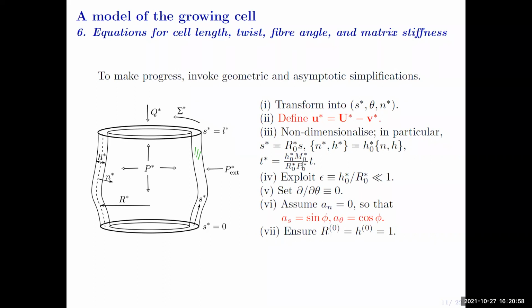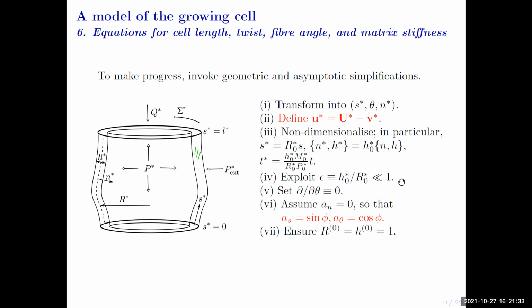Then you non-dimensionalize everything appropriately, and this is the point where we bring in a small parameter into the system. There is a length scale separation between the cell wall thickness, scaled with H, the initial thickness H0 of the fluid sheet, which is very much smaller than the initial radius R0 of the cell. In real life, this small parameter epsilon is about 0.01.